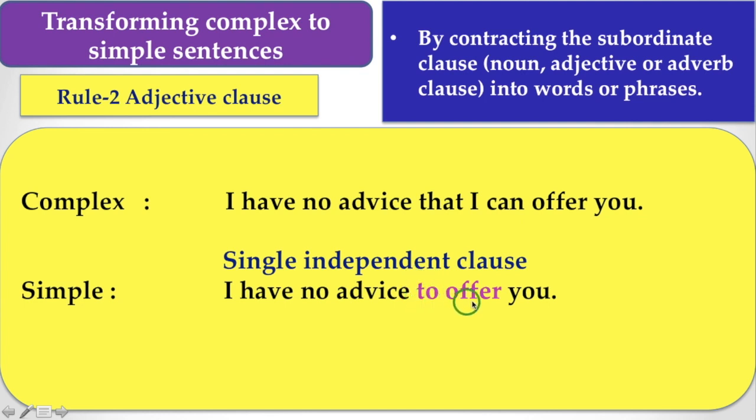Here an infinitive is used, "can offer" is converted to "to offer." "I have no advice" is the main clause or principal clause, and the rest of the subordinate clause is converted into an infinitive phrase, where you find "to offer," which is an infinitive, a non-finite verb, you can better say.